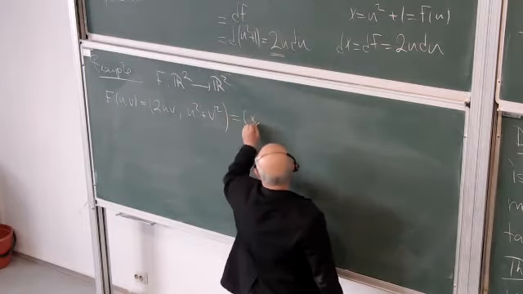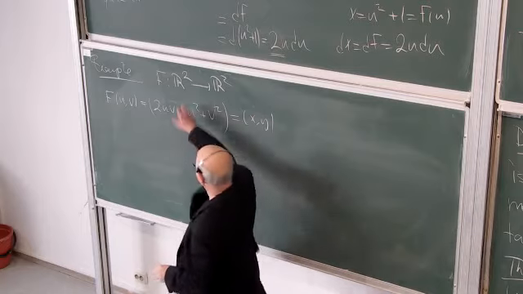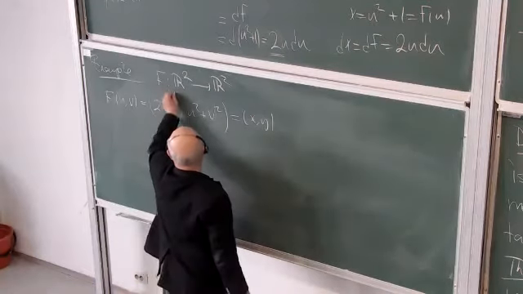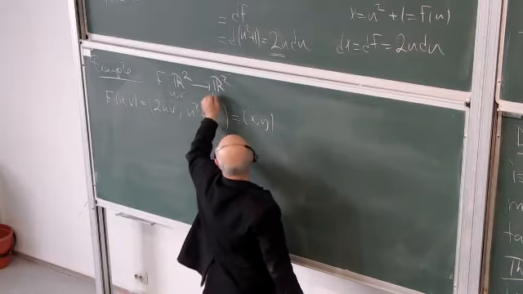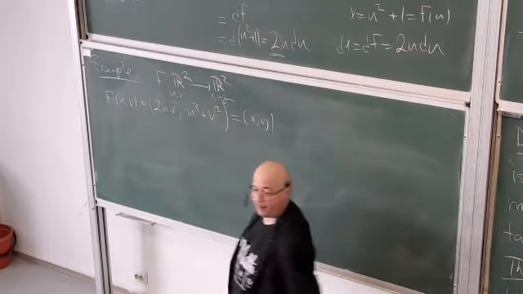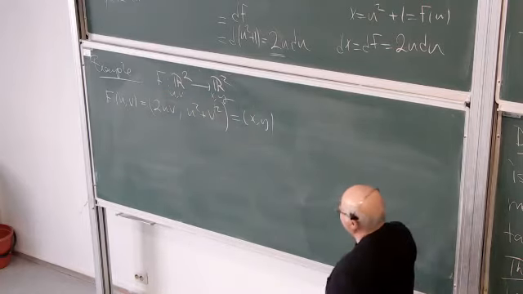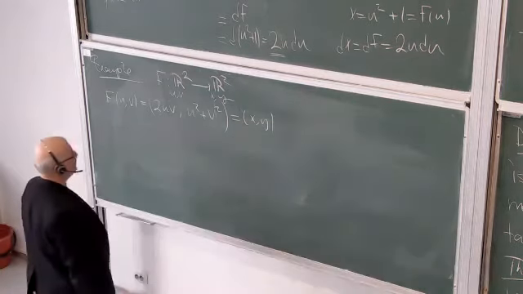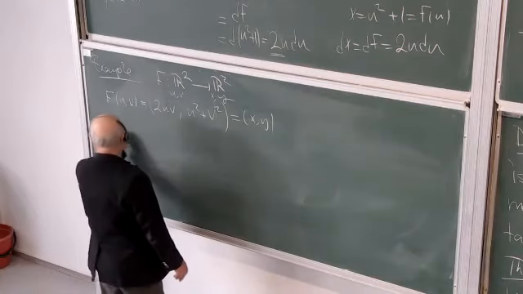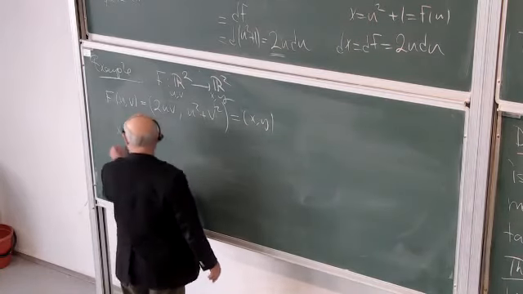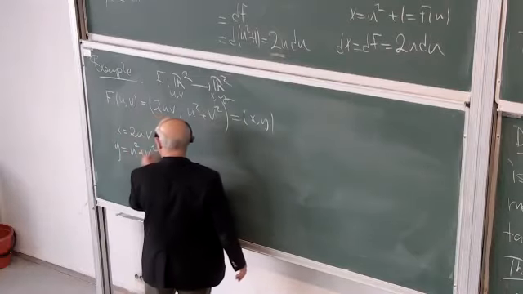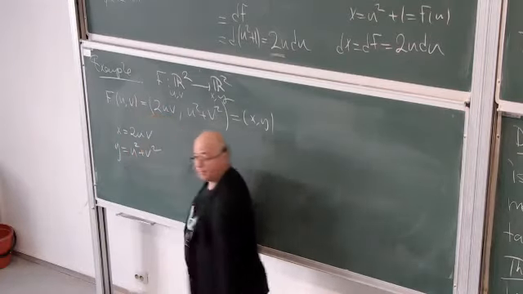Here I regard them as x, y. So here coordinates are u and v, and here coordinates are x and y. All right. So x is just 2uv, y is just u squared plus v squared, right?